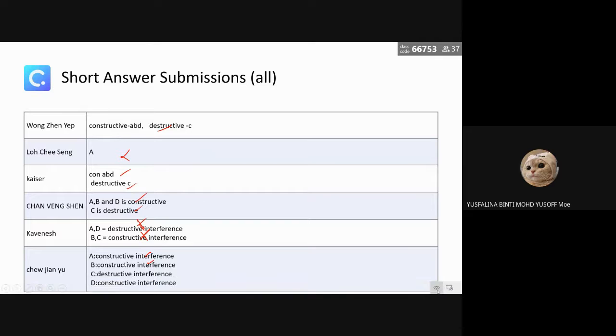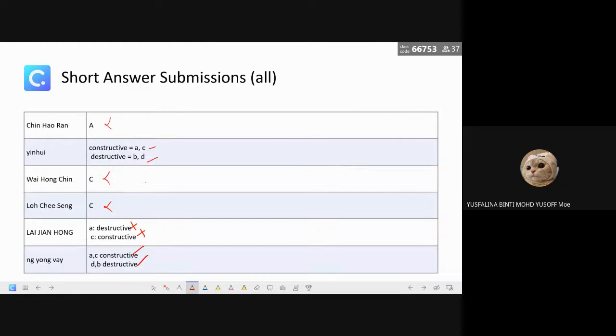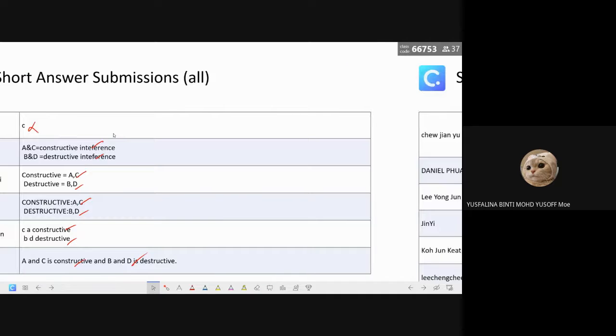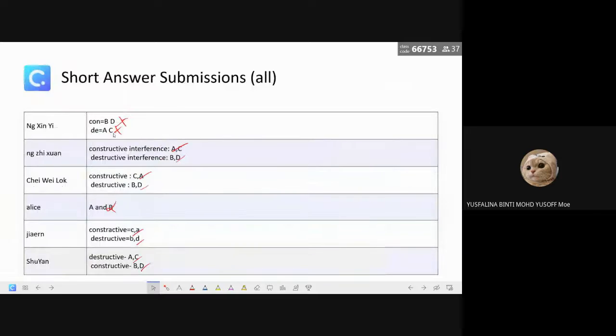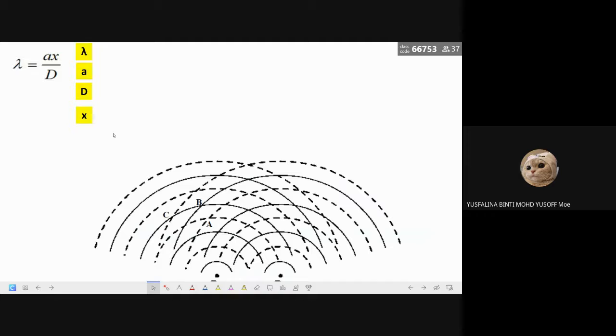Let's see the answer. Okay. Wow. All right. Got another. This one is just the one that I marked before.